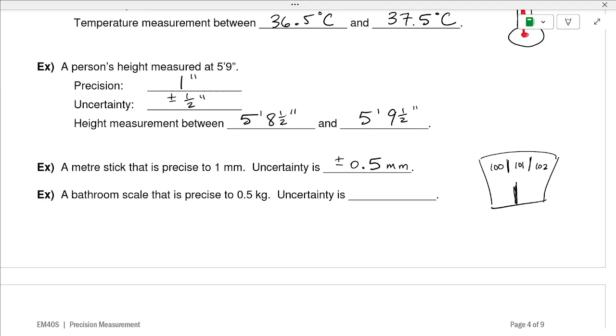So the bathroom scale might be precise to 1/2 a kilogram, which means we're uncertain by 1/2 of a half. Quick, what's 1/2 of a half? Exactly, a quarter, plus or minus 0.25 kilograms. Get it? Your uncertainty is always half your precision. It's a pretty simple rule once you get used to it.